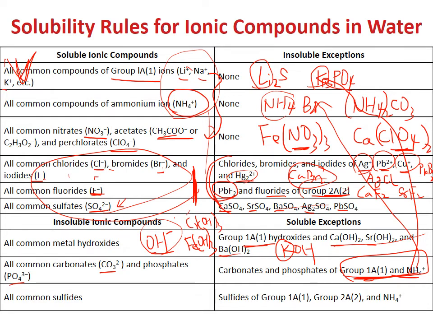They must be soluble even with carbonate, phosphate. Otherwise, they are insoluble. For example, calcium phosphate must be insoluble. So all cations except group 1 and ammonium. Lastly, sulfide. Sulfide with any cation is insoluble except group 1 and ammonium, and here including group 2.